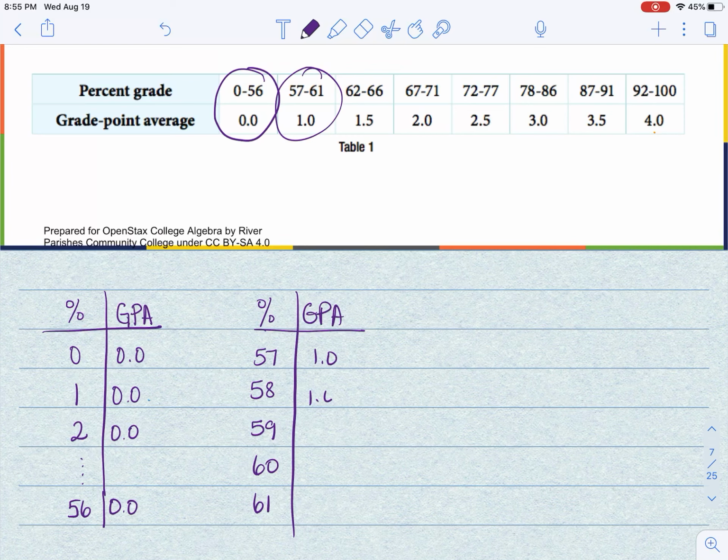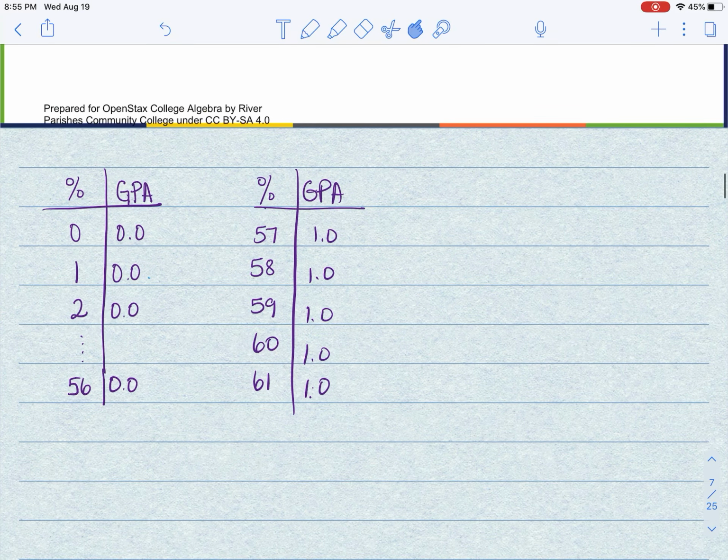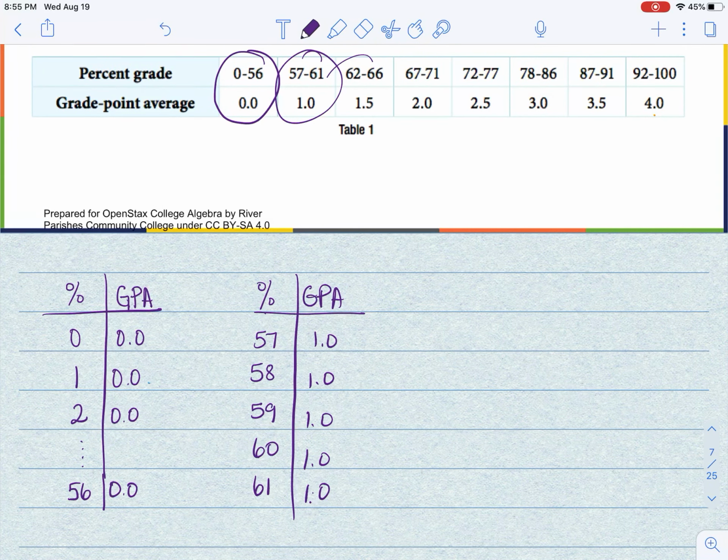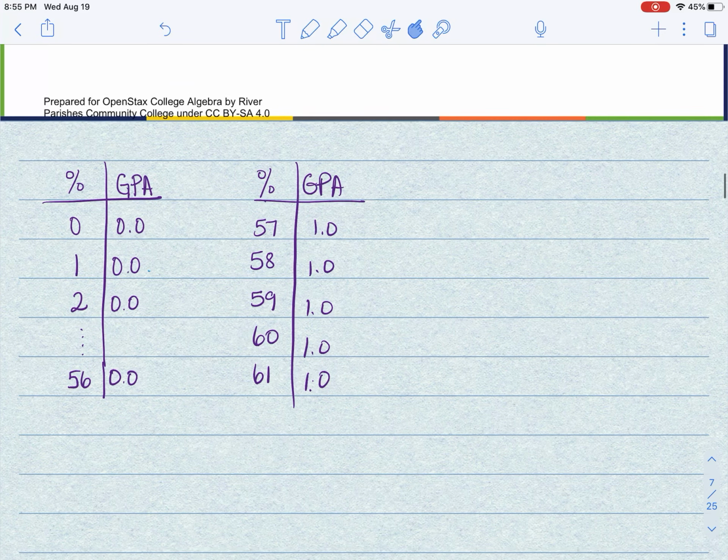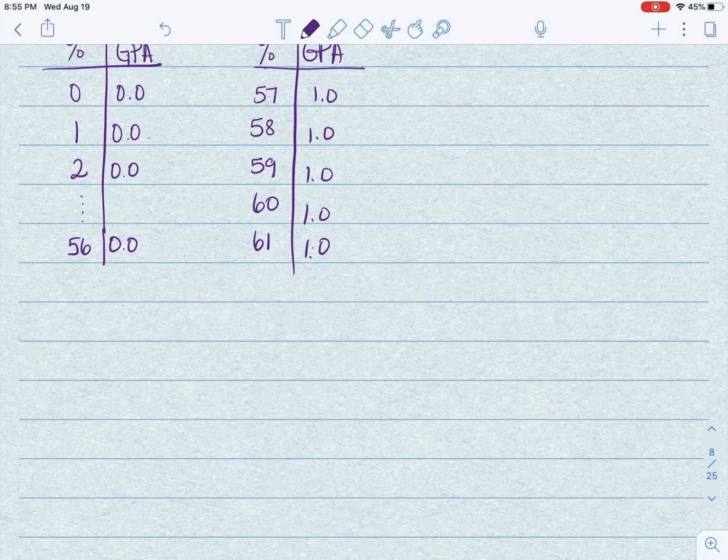All of these are 1.0s. And if you look at the next one, 62 through 66, so 62, 63, 64, 65, 66, all of those were 1.5s.